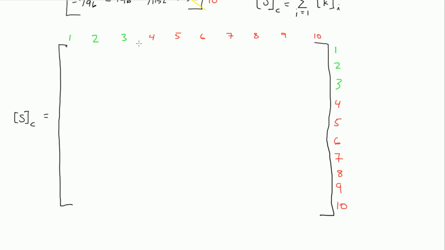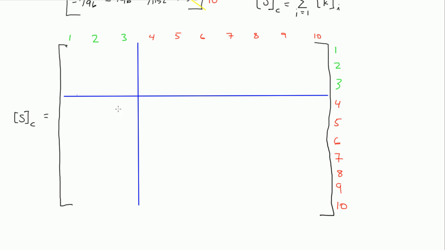I'm going to draw a line between the last unrestrained degree of freedom and the first restrained degree of freedom, both for the columns and for the rows. In other words, I'm going to put a line between 3 and 4 because that's where the color changes, from unrestrained to restrained. So I'm going to put this here, and then a line here.